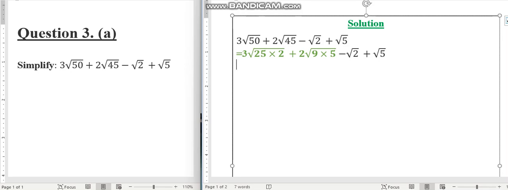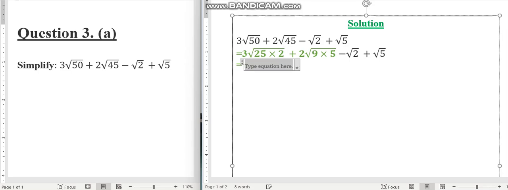Then we are going to the next step. We have to simplify this, so we are going to get 3 times root 25. Root 25 is now going to give us 5 because it's a perfect square. So we are going to have 3 times 5.